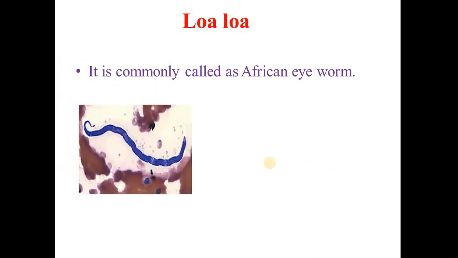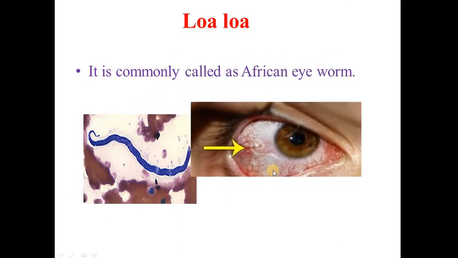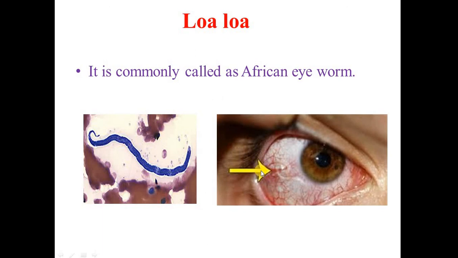This is a picture of Loa loa, and in the second picture, in the eye, the arrow is pointing to the African eyeworm, Loa loa, passing across the eyeball, and due to its infection, swelling and pain in the eyes occur.